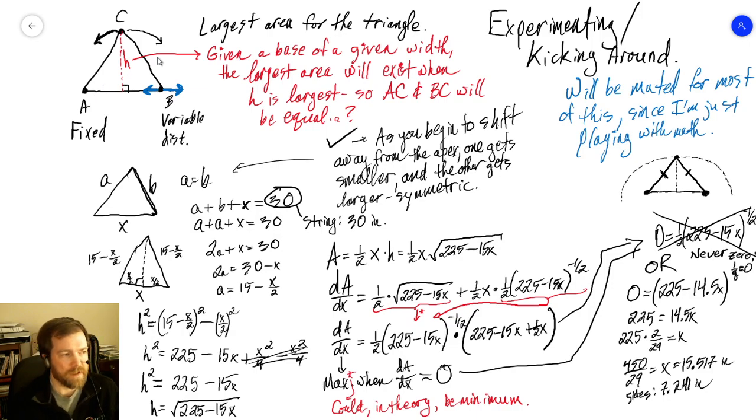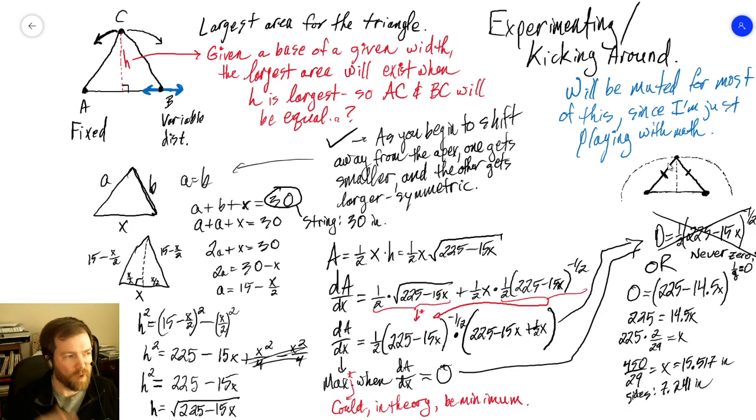Well, this means that given a fixed base, the maximum height, and so the maximum area, is going to be found when these two sides are equal to each other. And if you think about it in terms of making an ellipse, it makes complete sense, because if you start tilting to one side or the other, then one of them is going to get shorter and it's going to start dragging the height down.